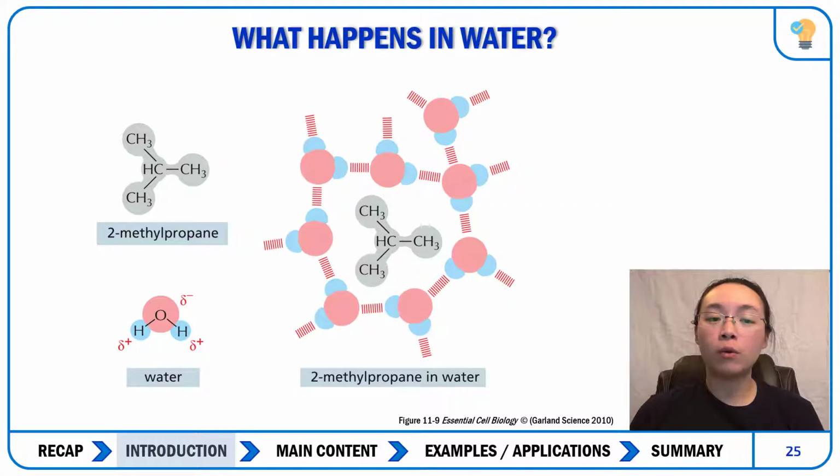So we know water is going to wrap around the lipid molecules or hydrophobic molecules. So what does that mean for our lipids? It means that our lipids, because they're essentially amphiphiles and there are polar heads and nonpolar tails, your phospholipids are going to want to be arranged in such a way that the polar heads will face outwards towards the water or aqueous substance.